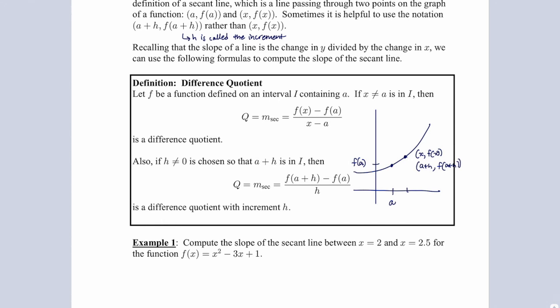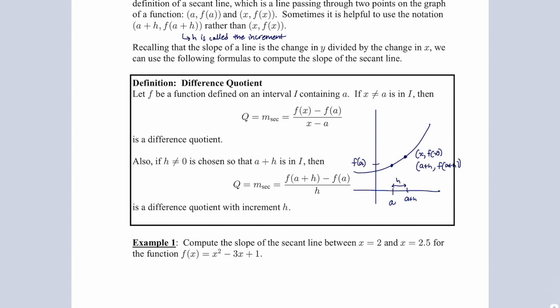If I use that h notation, then h is the distance I am away from a. Right, and h could be allowed to be negative, so that would tell us the signed distance away. If h is negative, then a plus h is actually left of a. And what we're trying to do is look at the quotient, the rate of the change in y divided by the change in x.